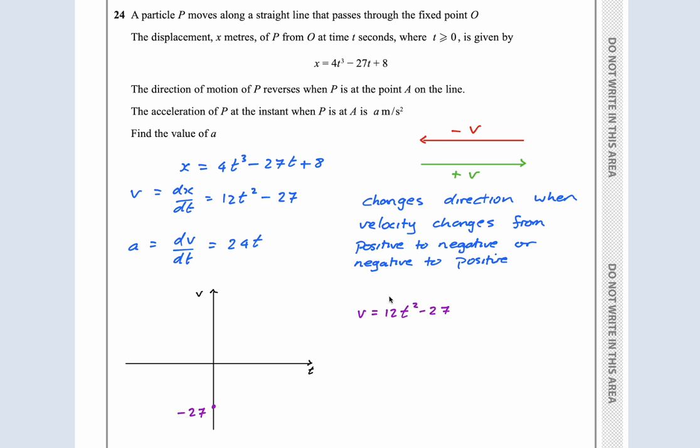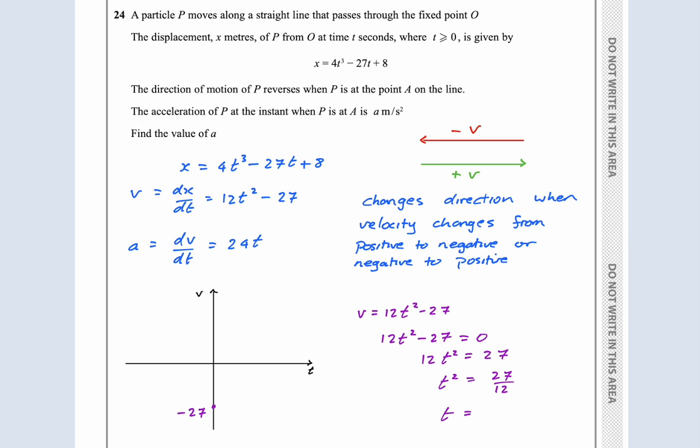And I can find my t-intercepts by solving the equation 12t squared minus 27 equals 0. Now guys, I'm aware this is a difficult question. So let's solve this. I'm going to add 27 to this side, divide by 12, 27 over 12, and then take the square root.